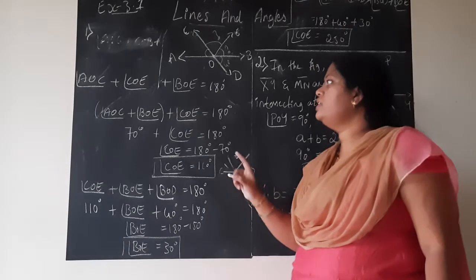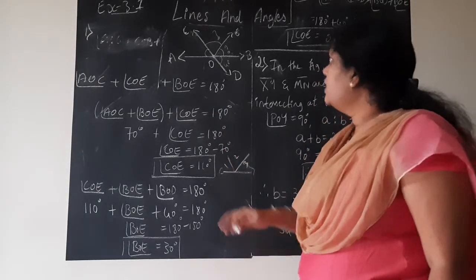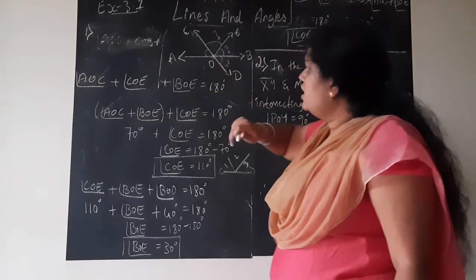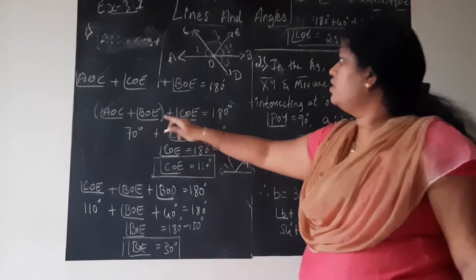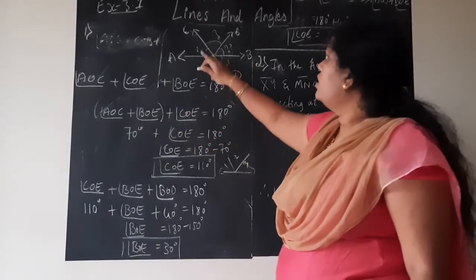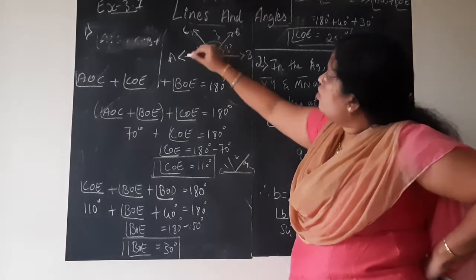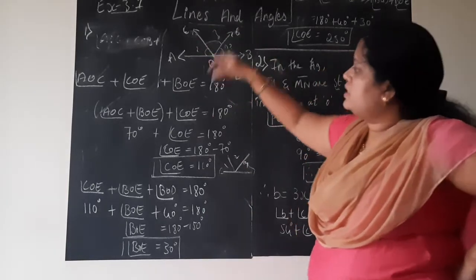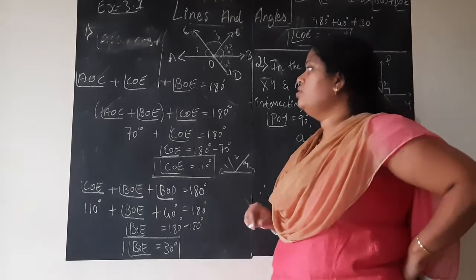The sum of all these three angles is equal to 180 degrees. But angle AOC plus angle BOE, these two angles, is equal to 70 degrees. Among these three angles, children, we know angle AOC plus angle BOE. In the question itself they have given it is equal to 70 degrees.